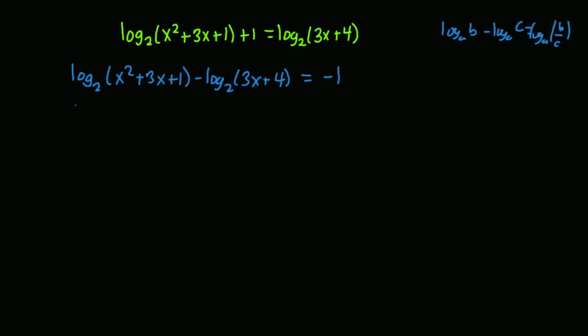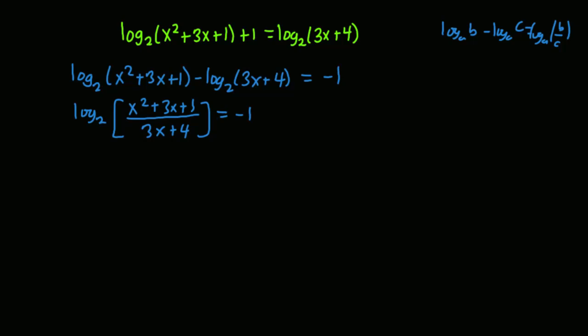So this will give log to the base of 2 of x squared plus 3x plus 1 all divided by 3x plus 4, and this is equal to -1.